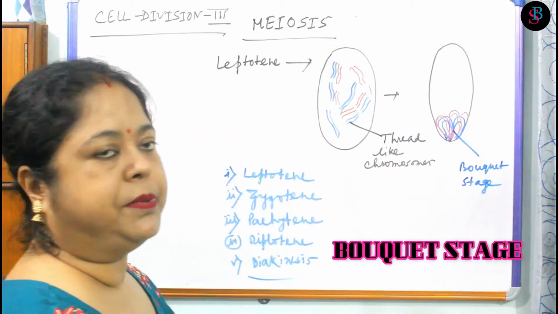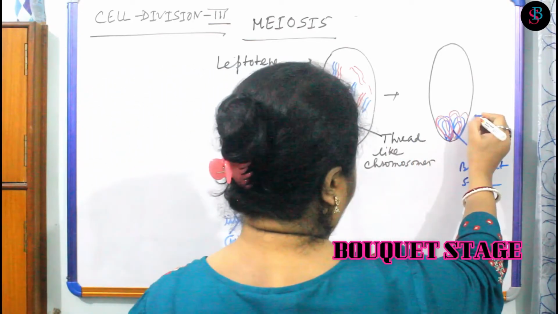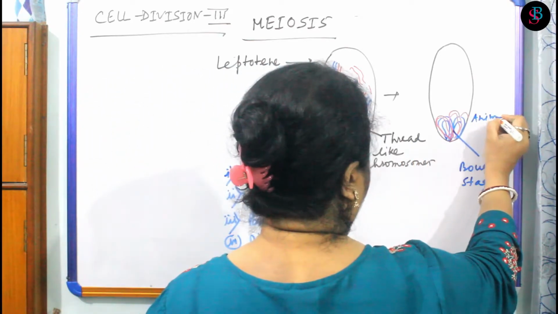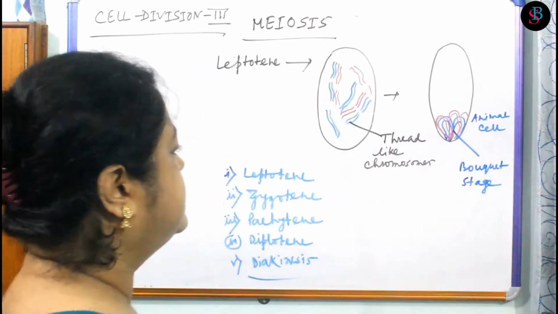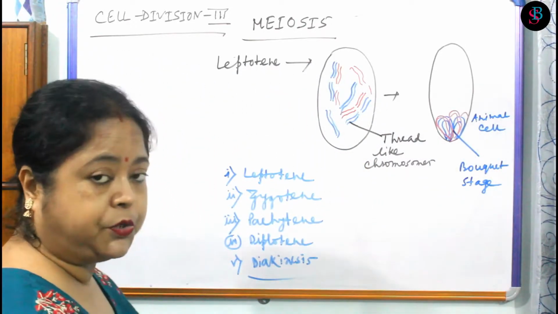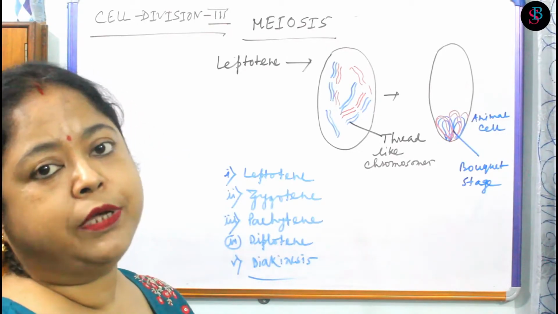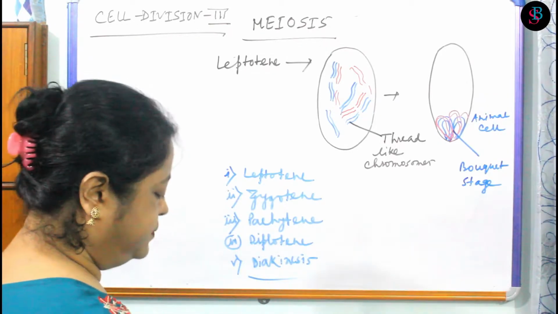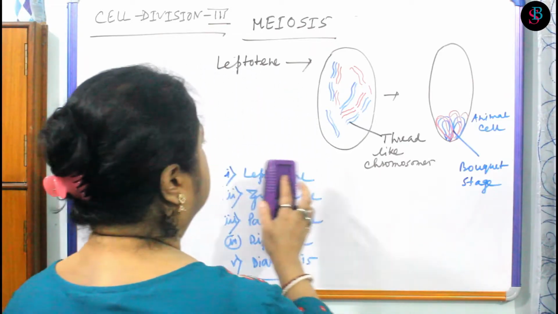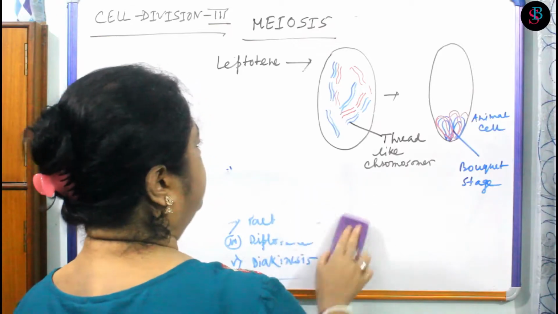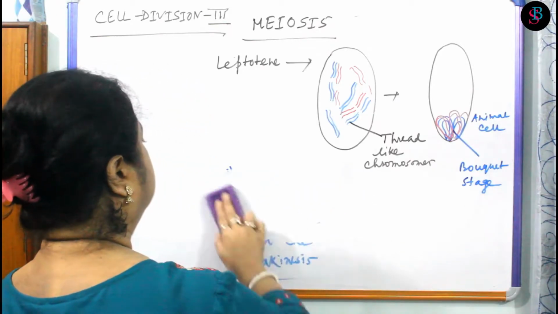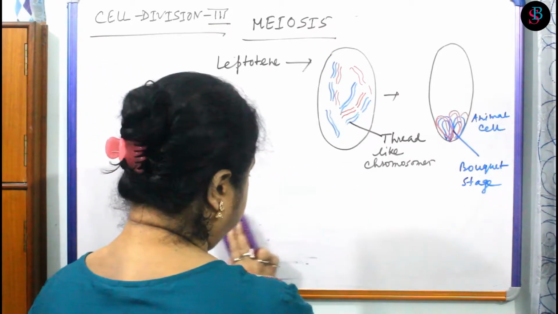Now it's only present in animal cells, not in plant cells. So this is also important for you. In exams, sometimes it's given in the MCQ that where we can get the bouquet stage. Then the answer will be in this phase. And in which cell we can see it, then it's in animal cell.